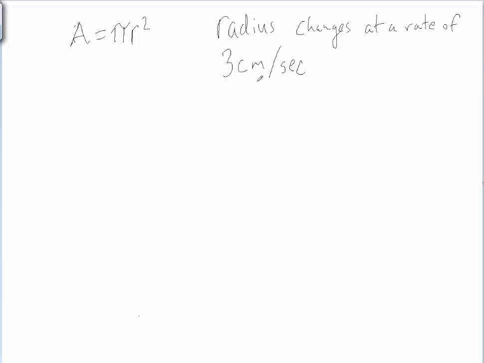So let's say that when you drop the pebble in, the radius changes at a rate of 3 centimeters per second. Making these things up.